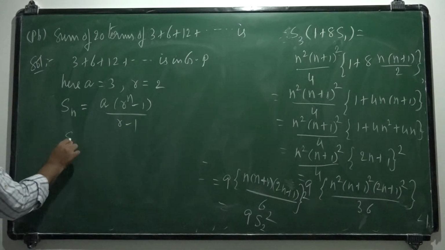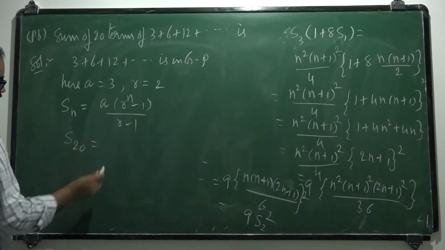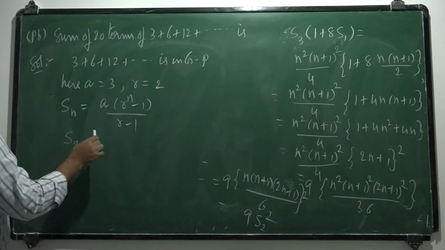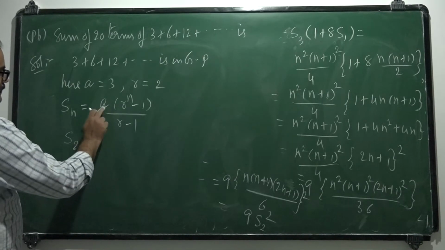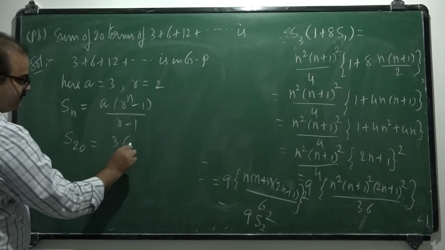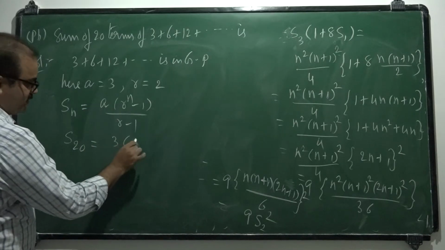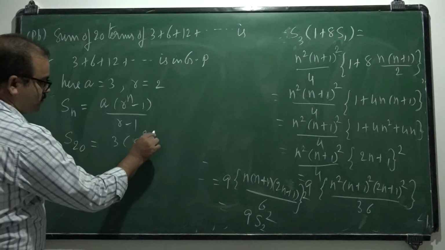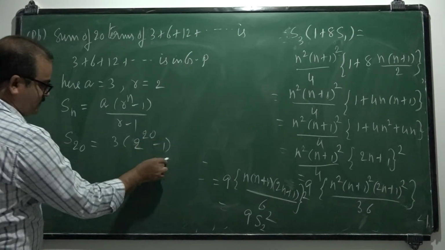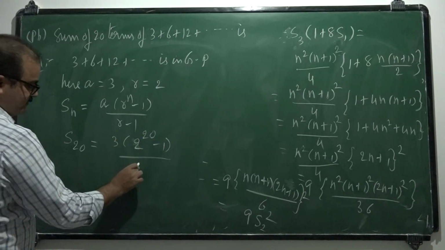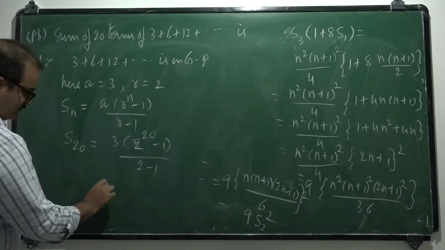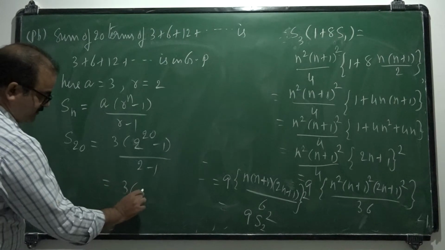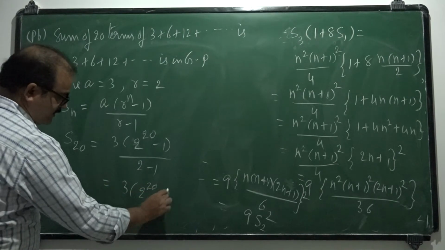Here we find sum of 20 terms, S20. You put n is equal to 20. What is A value? 3 into R value. What is R value? 2. 2 power 20 minus 1 by 2 minus 1. 2 minus 1 is 1. So this is 3 into 2 power 20 minus 1.